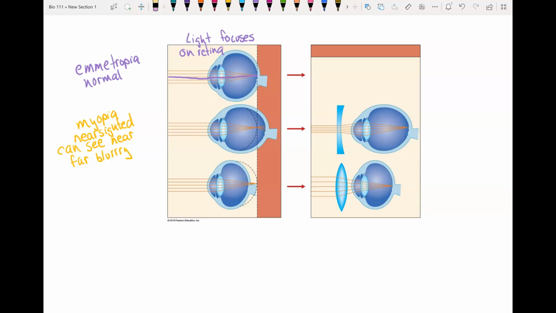So compare this eyeball to the emmetropic eyeball. Well, if you notice, see how this eyeball is long? So if you're nearsighted, the eyeball is too long. And because it's too long, the light focuses before the retina.